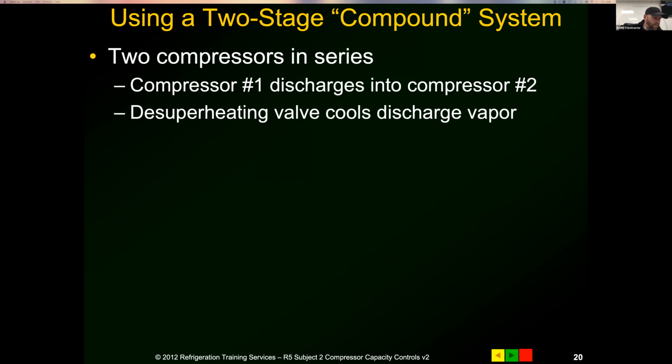If we say the word desuperheating, it tells us that it's in a vapor state, because if it's subcooling, it would be in a liquid state. So if we're desuperheating, we're cooling down the gas in a vapor state. That's good, because we don't want liquid at the compressor.